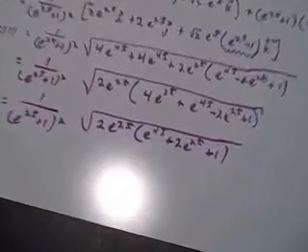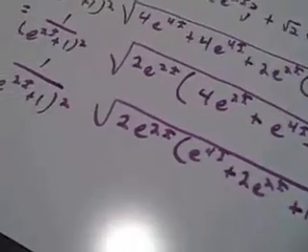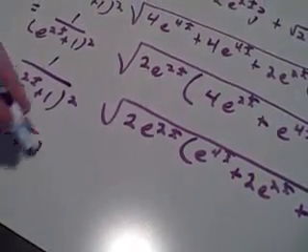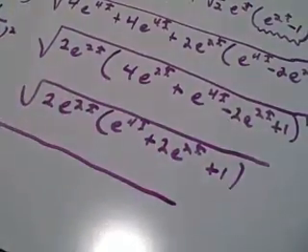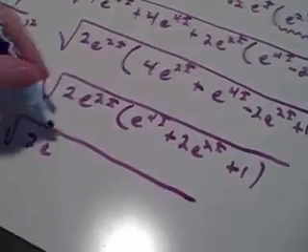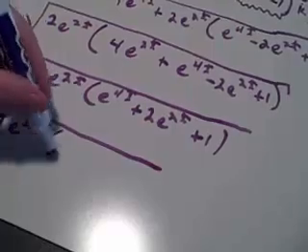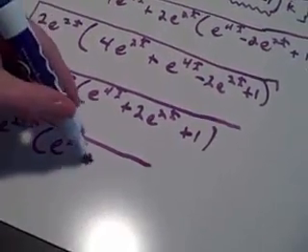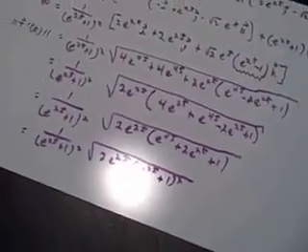And then, so here's what I have. Let me recopy the scalar function on the outside of the radical. And then inside the radical, this guy will factor to be (e^(2t) + 1) quantity squared. So that we have this.